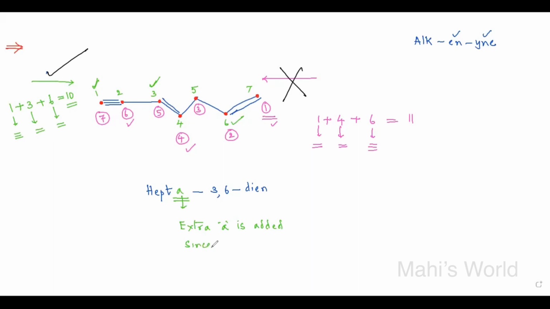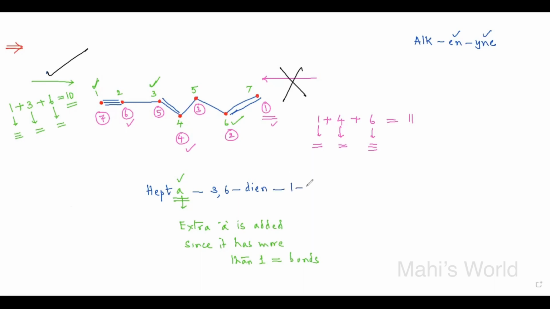Since it has more than one double bonds. Yes, this extra a is what you have to add, when you got more than one double bonds or more than one triple bonds also. So hepta 3, 6 di en is okay.